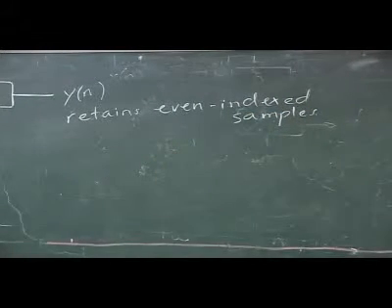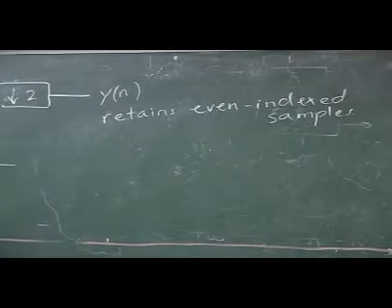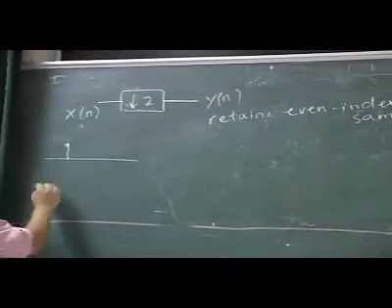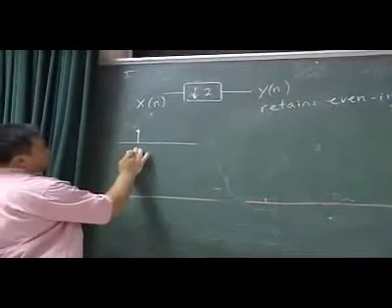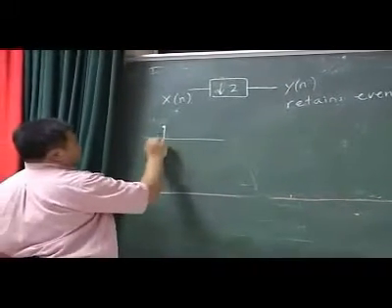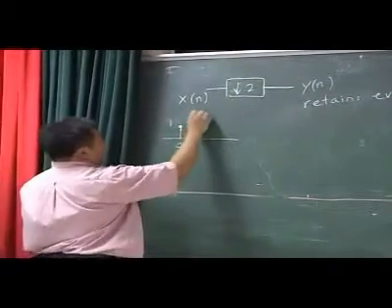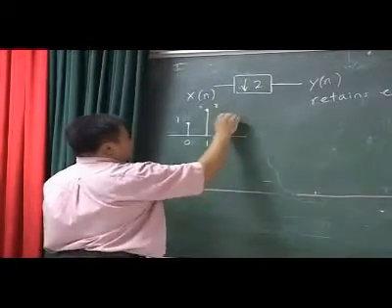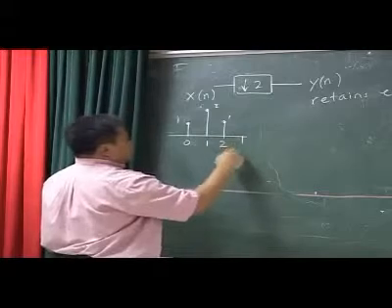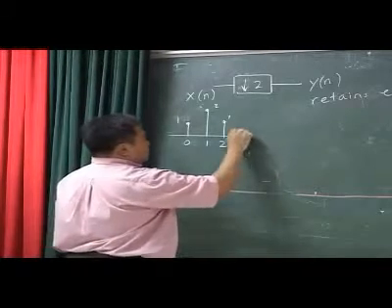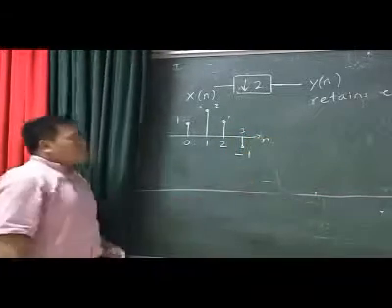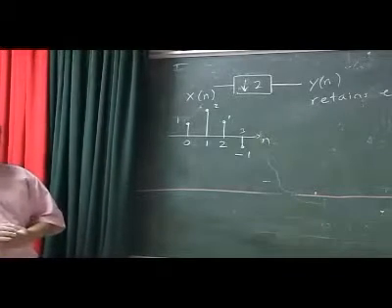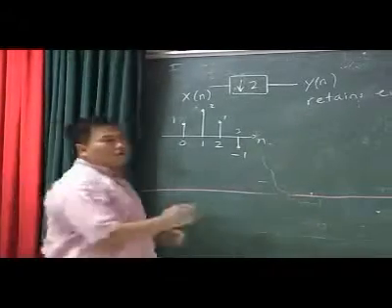Take an example, right? Suppose X is, let's say, take the other one, right? So it's 1, let's say 2 at 1, 1 at 2, minus 1 at 3. What is Y equal to?